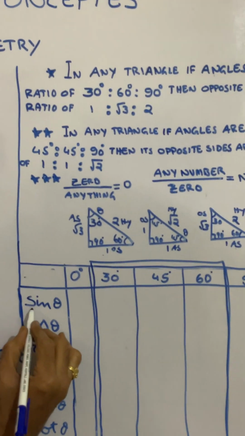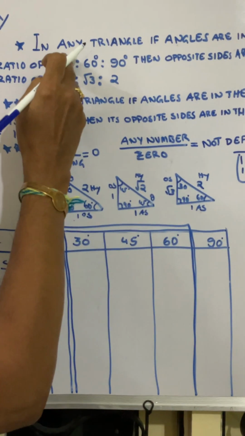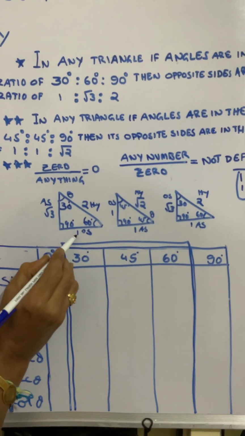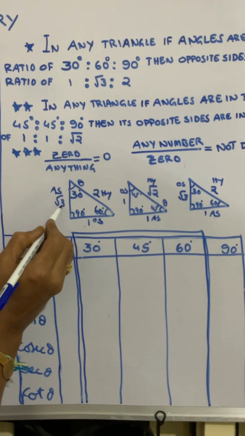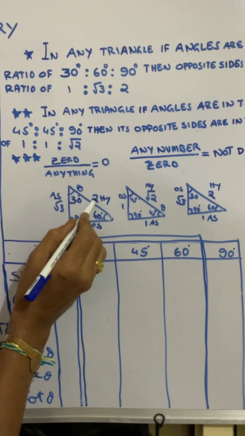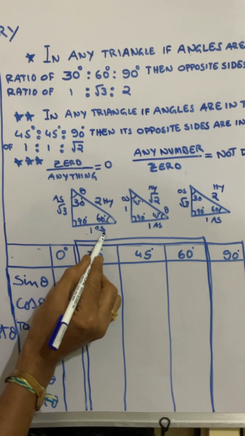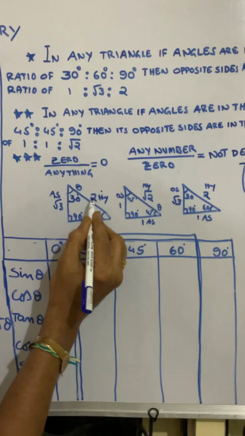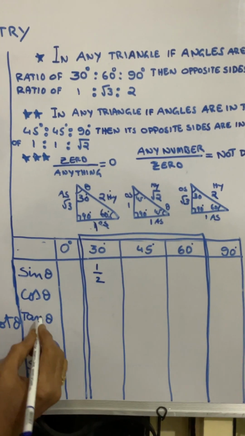First one, sine. Here we already learned from this. This is a triangle: 30 degrees, its opposite side is 1; 60 degrees, its opposite side is root 3; hypotenuse is 2. Now sine theta is equal to opposite side by hypotenuse. So here opposite side is 1, hypotenuse is 2, so this value is 1 by 2.